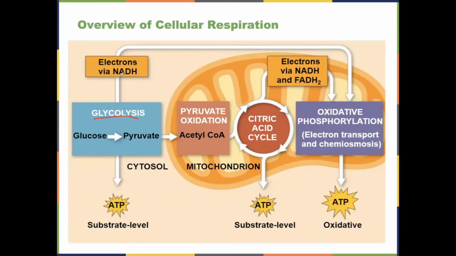The majority of it is actually funneled via high energy electrons to our electron carriers, NAD and FAD. So again, remember that these molecules are like buckets that we can fill with those high energy electrons, and they get shuttled to this third step, oxidative phosphorylation, where we empty out those electrons and energy and actually make the majority of the ATP.